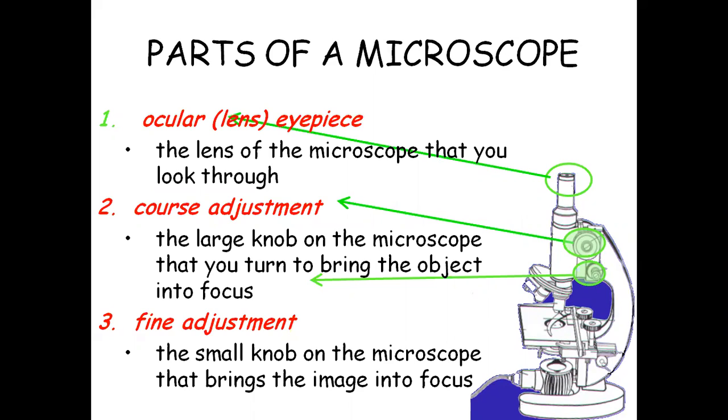Then the second one is the coarse adjustment, the large knob on the microscope that you turn to bring the object into focus. Then the fine adjustment, the small knob on the microscope that brings the image into focus.